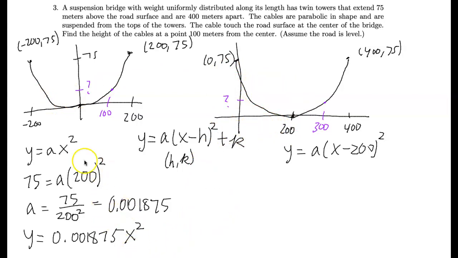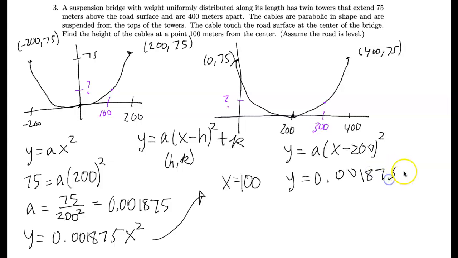Okay, so the question is asking what is the height when x is 100, so I can plug in x equals 100 right now. And then we'll get y equals 0.001875 times 100 squared.